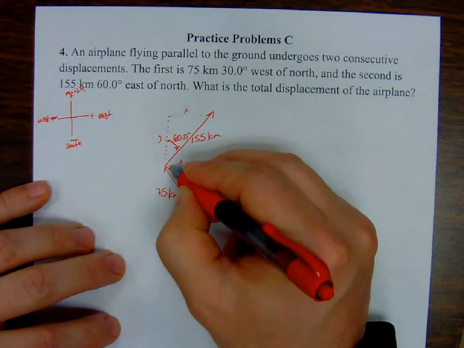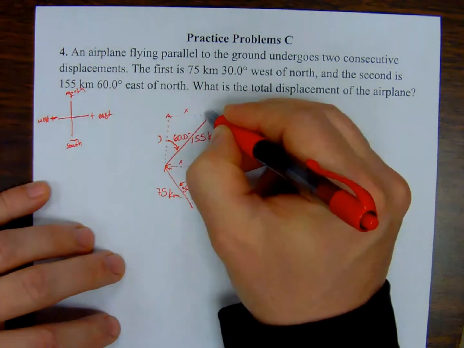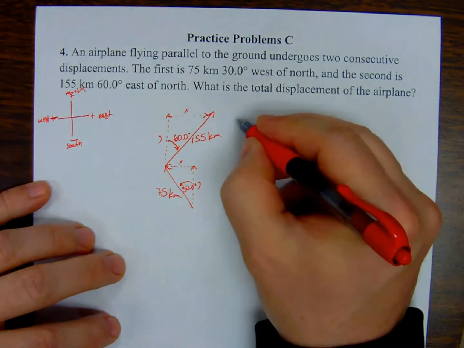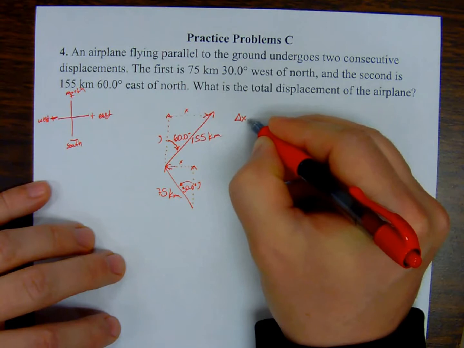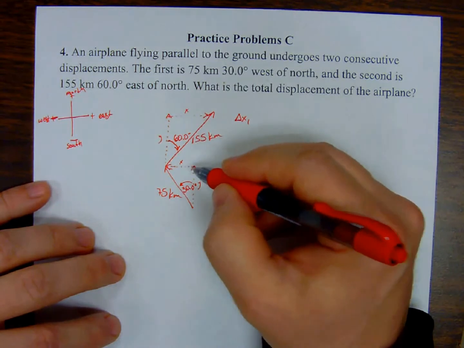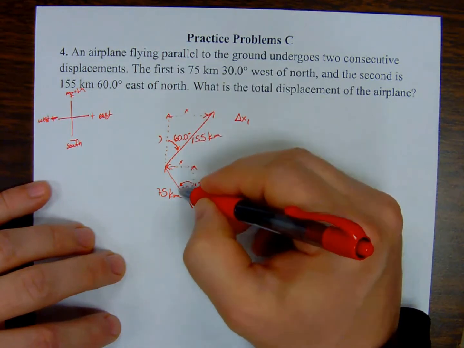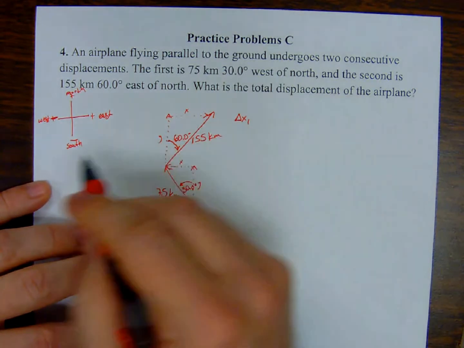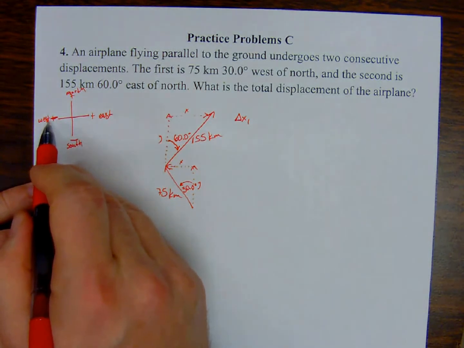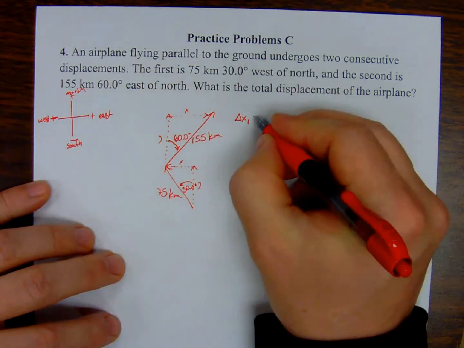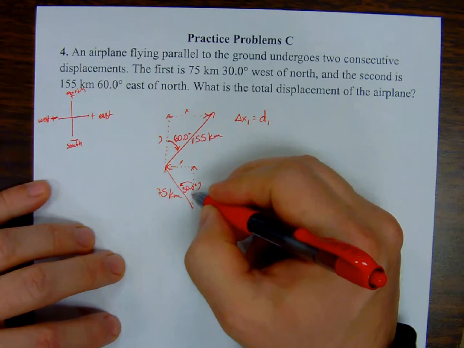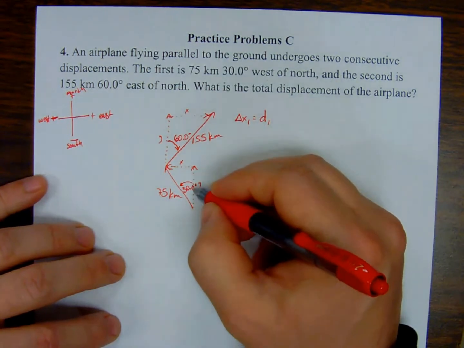I'm going to have to decompose this into some x and y components. So the x component of the first triangle is actually going to end up being a 30-degree change, but it's in the west direction, so it's going to need to be a negative direction. So again, my first resultant, 75 kilometers. Now, pay attention. A lot of times when we are trying to find the x component, we're going to use cosine a lot. Not here, because again, go back to your definition of sine and cosine.